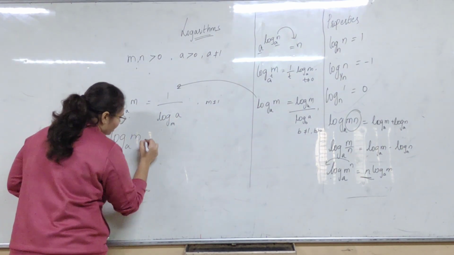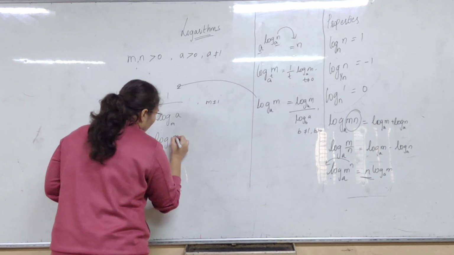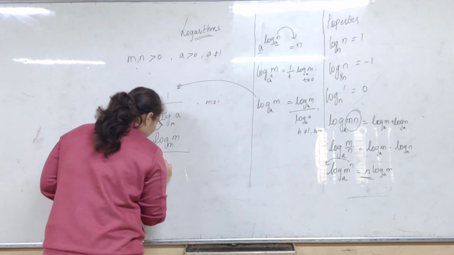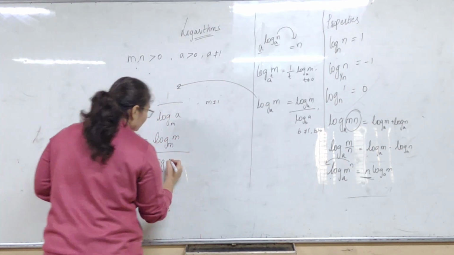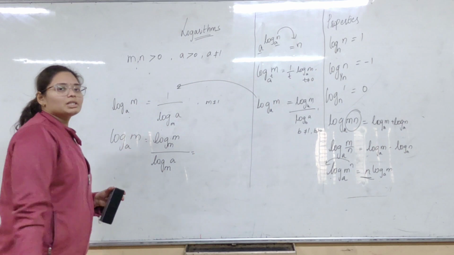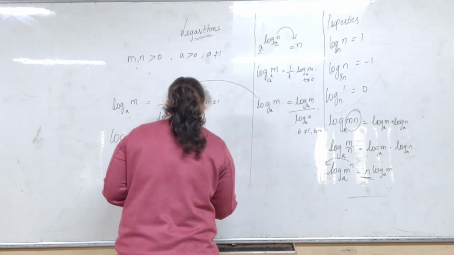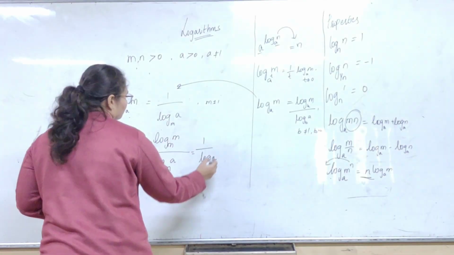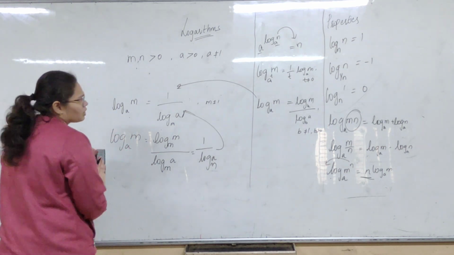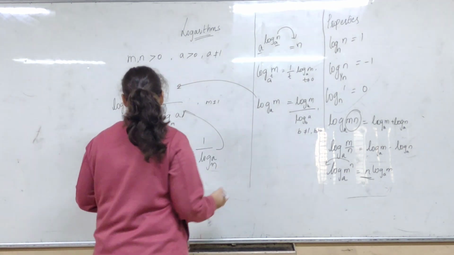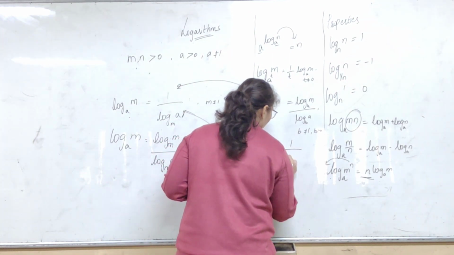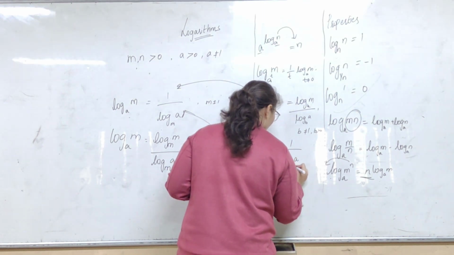So log m to the base a is equal to log m to the base m by log a to the base m, which is 1 by log a to the base m. You got this. Now let's add this to the property list: log m to the base a is equal to 1 by log a to the base m.